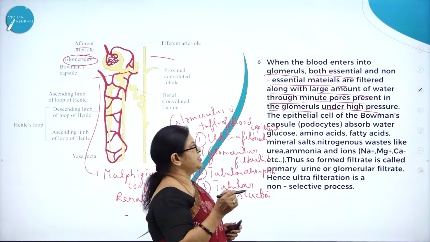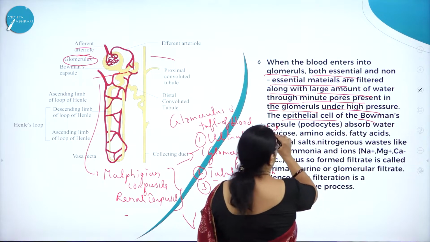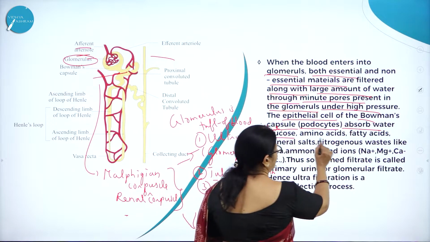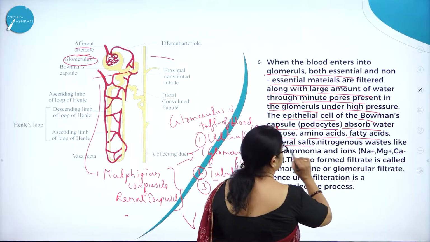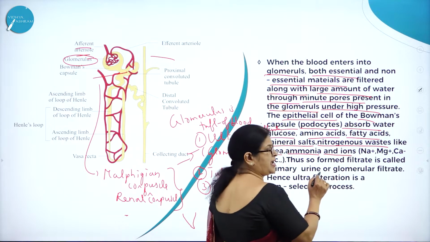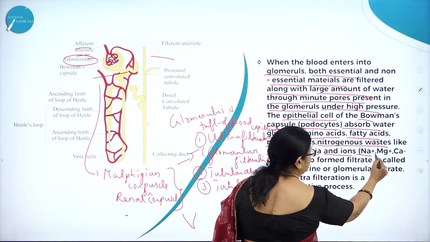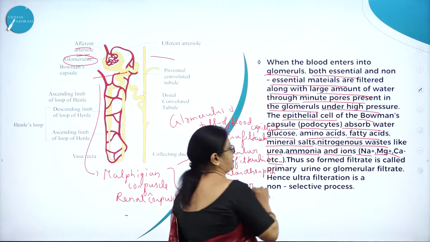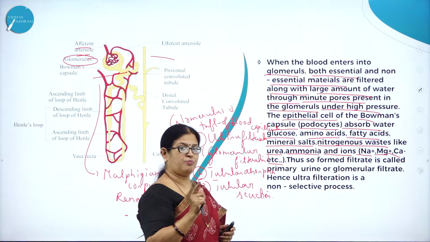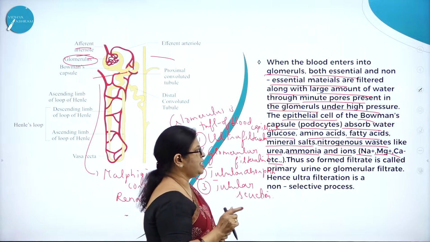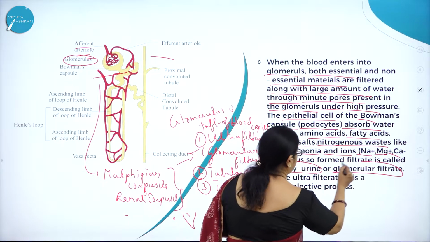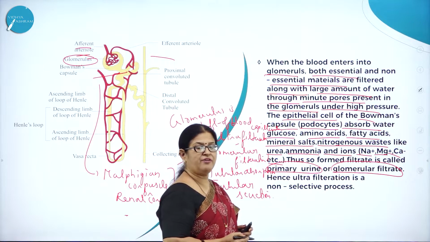Under high pressure, the epithelial cells of the Bowman's capsule, that is the podocytes, absorb water, glucose, amino acids, fatty acids, mineral salts, nitrogenous waste like urea, ammonia, and ions. Ions may be in the form of sodium ions, magnesium ions, calcium ions, etc. Thus, the filtrate that is formed in the Malpighian corpuscle, or the renal corpuscle, is called the primary urine, or it is also called the glomerular filtrate.